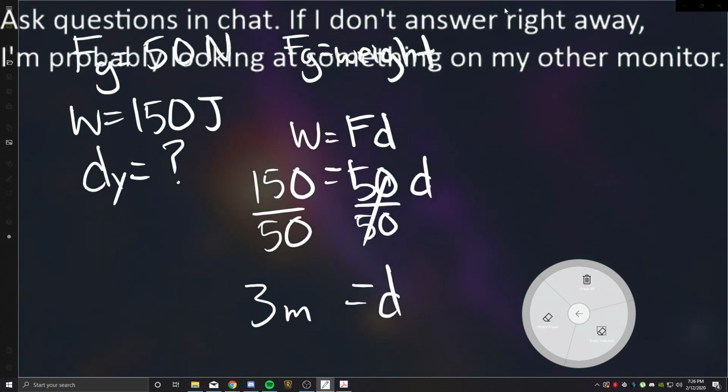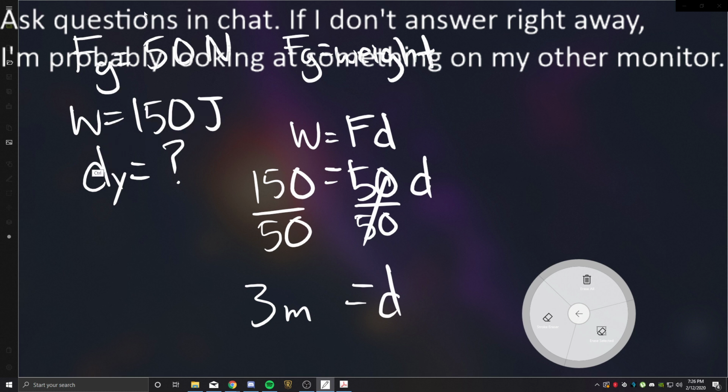Your question, Bestie, is for what vertical distance is a 50 newton object? Okay, so your weight is 50 newtons, right? That's Fg. And your work is 150 joules.